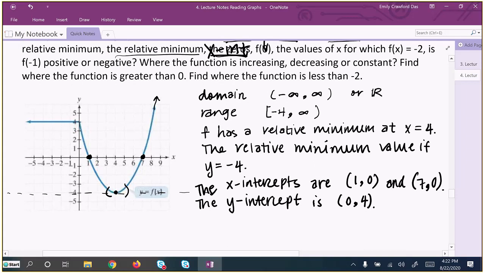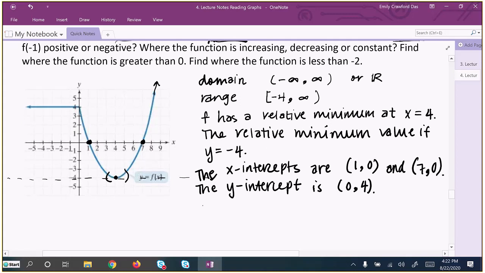Now they ask, for which values of x do we have f of x equal to -2? How am I going to answer this?